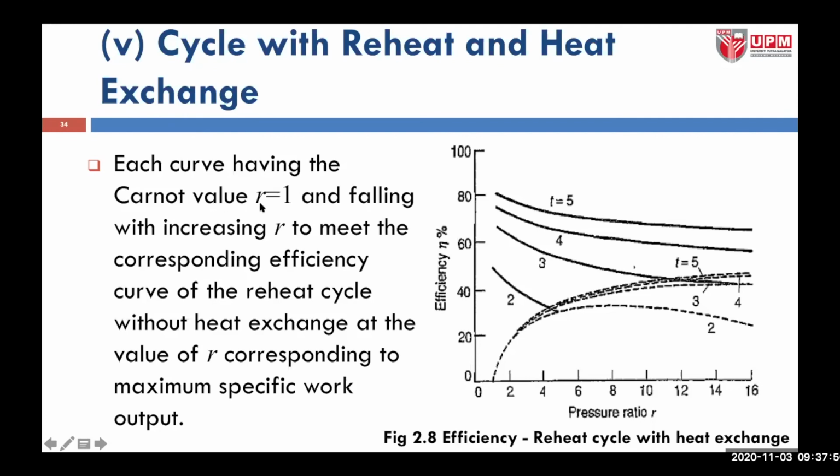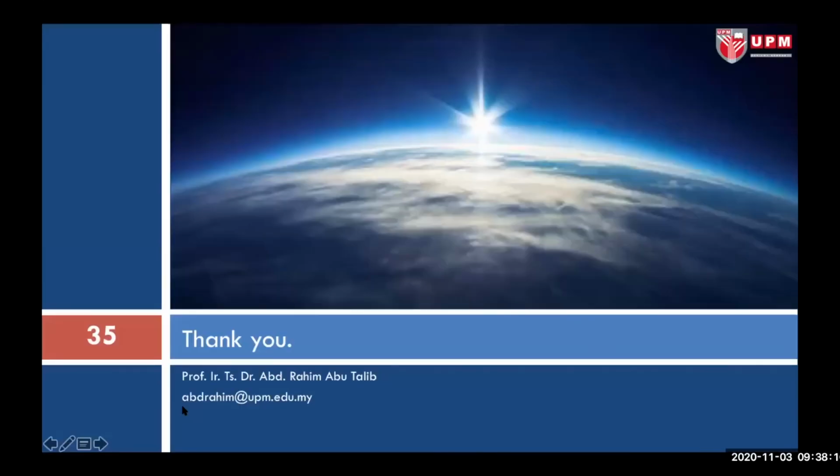And the Carnot value at pressure ratio equal to 1, and falling with increasing pressure ratio to meet the corresponding efficiency curve of the reheat cycle without heat exchange at the value of pressure ratio corresponding to the maximum specific work output W. Right? Okay, so that's all for the first part of our lecture.